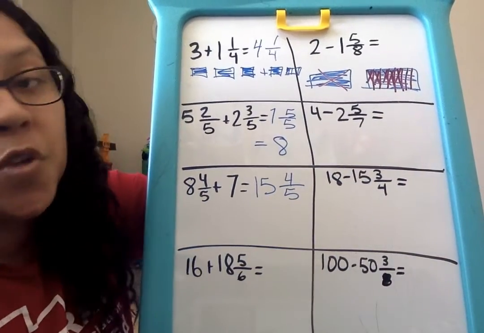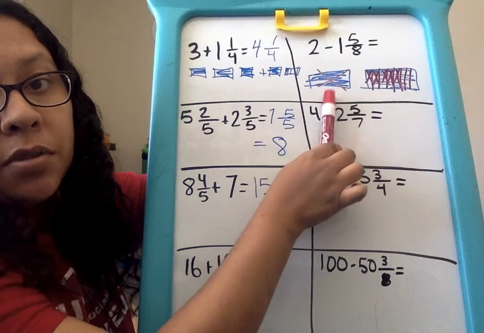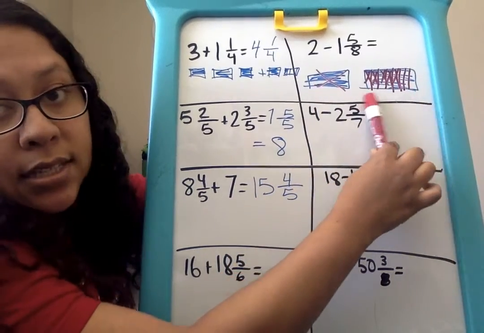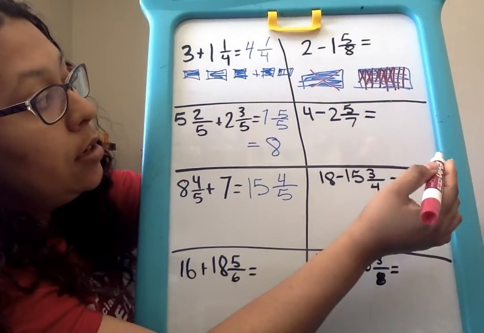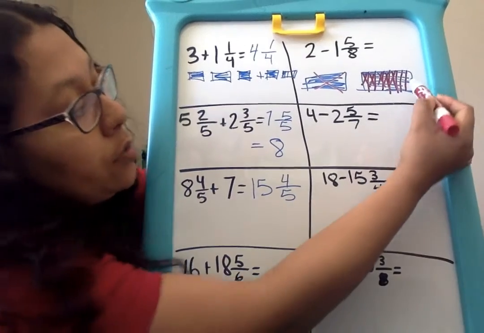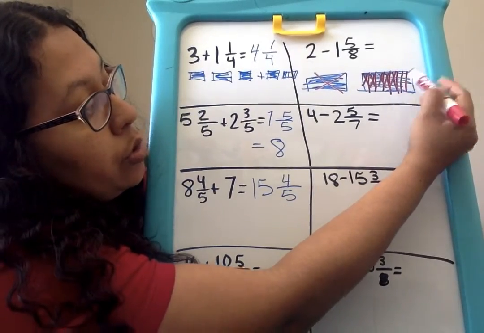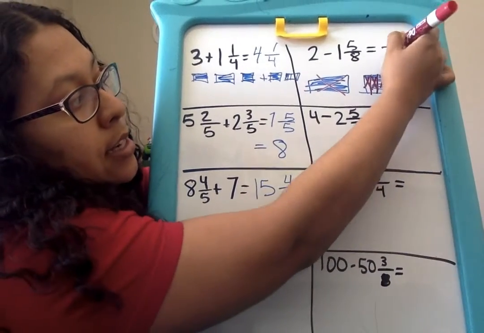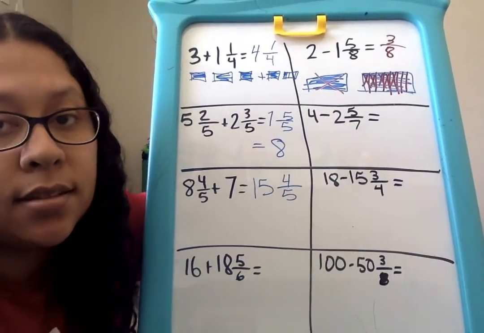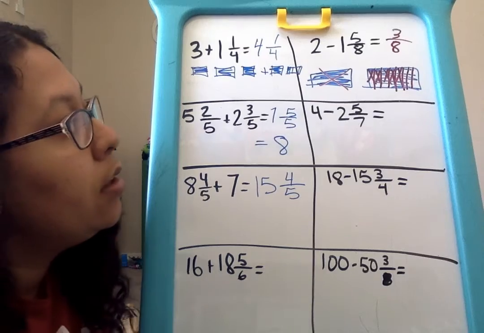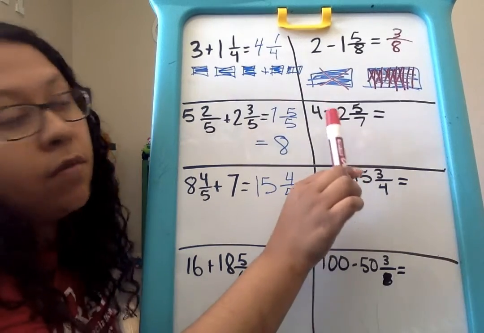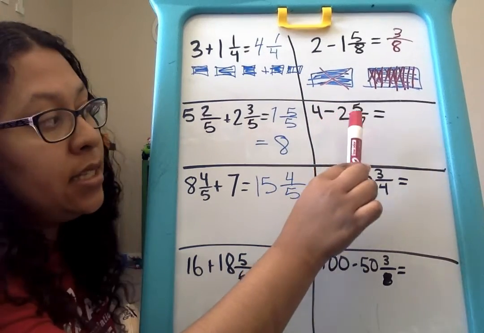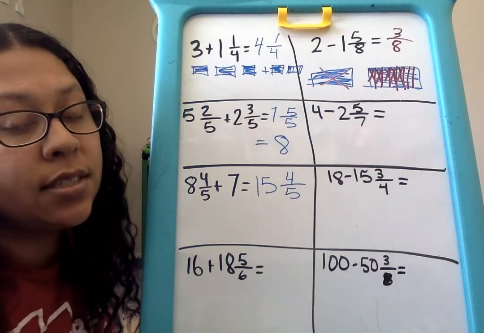Okay, so now left over, we don't have any wholes because we already took away that one, and this one has less than 1 whole. So left over, we have 1, 2, 3 pieces that are 1/8 sizes. 3/8.